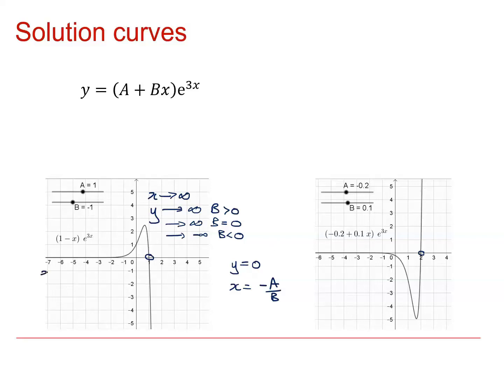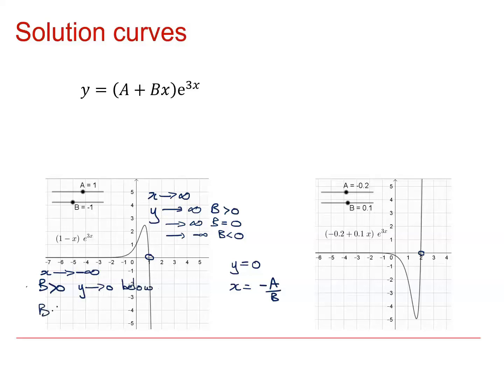What happens as x tends to minus infinity? And again, it depends on the range of values for b. If b is greater than 0, then y will tend to 0, but it'll do it from below.